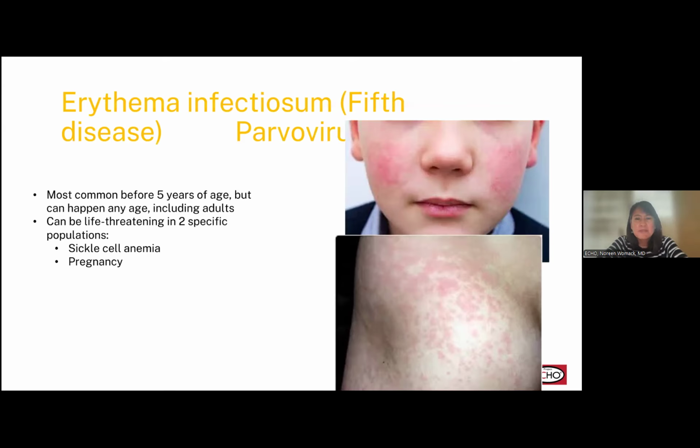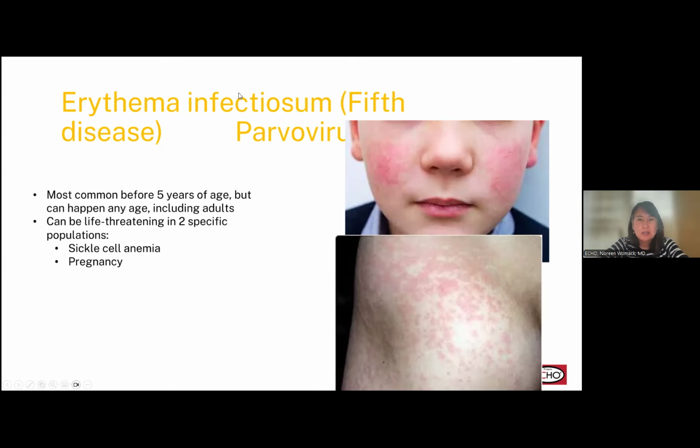So this is fifth disease. I don't know why it's still called that, because fifth disease is an old nomenclature from the 1800s, when we did not know anything about pathogens.